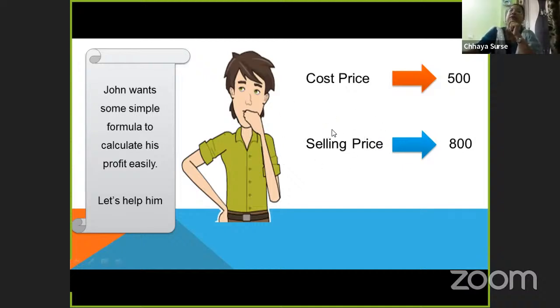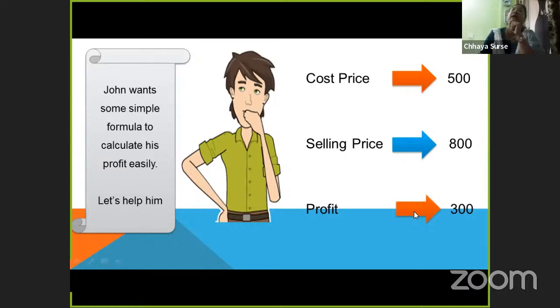When we want to calculate profit and loss, you have to know the difference between these two prices. So John's purchasing price, the cost price, was 500 and the selling price is 800. How did we calculate the profit here?